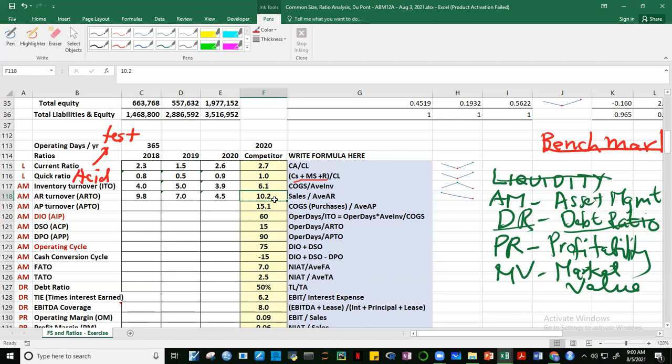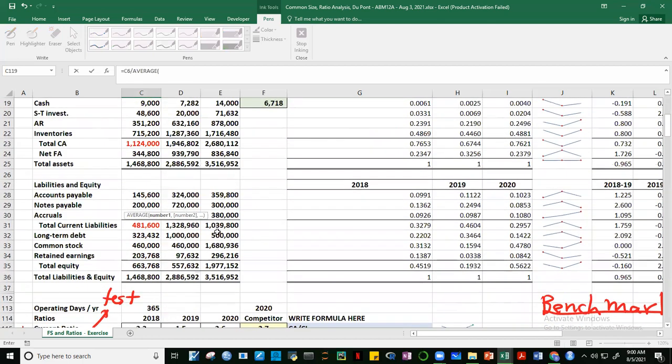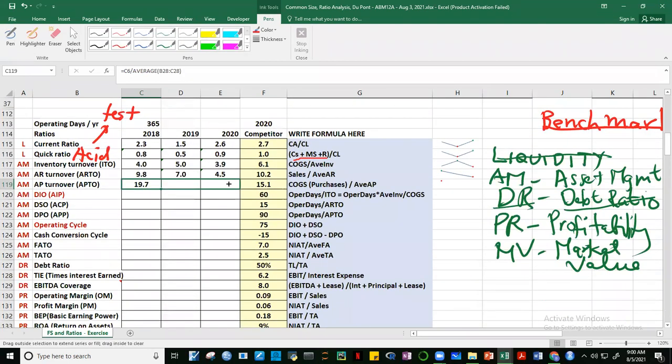Okay, on the average. And then ito naman guys, yung up to is cost of goods sold divided by average AP. So cost of goods sold divided by average accounts payable. Average accounts payable is this one. Yan. Close. Control Enter. Yan.